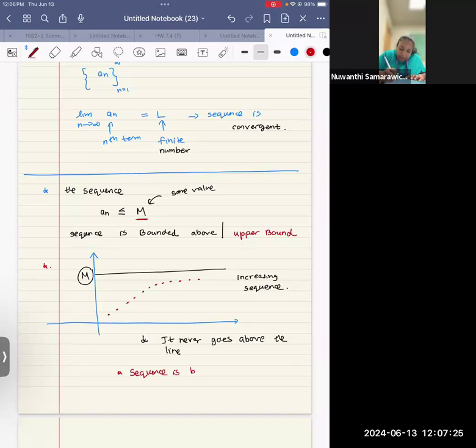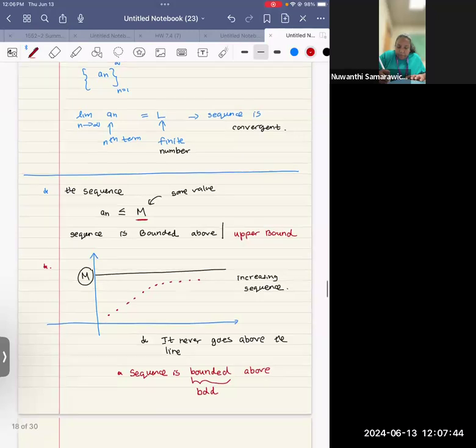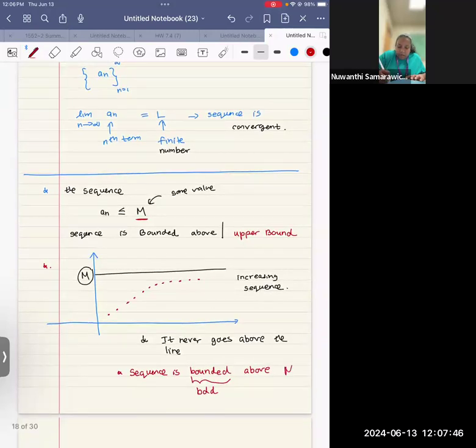Without writing the whole term bounded, in future I will just write it as BDD. So the sequence is bounded above, and that is M.